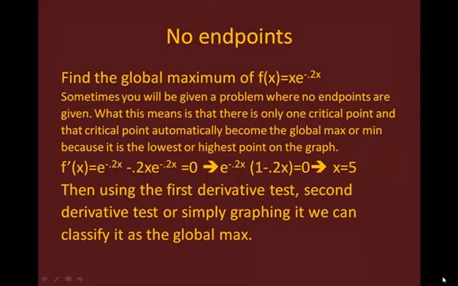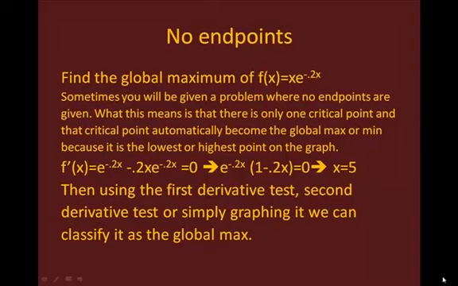So when you factor out the e term, you get e to the negative 0.2x times 1 minus 0.2x equals 0. Again, since e will never be 0, we know that 1 minus 0.2x will have to be 0. Solving for x, we get that x equals 5. So indeed, we know that there's only one critical point.